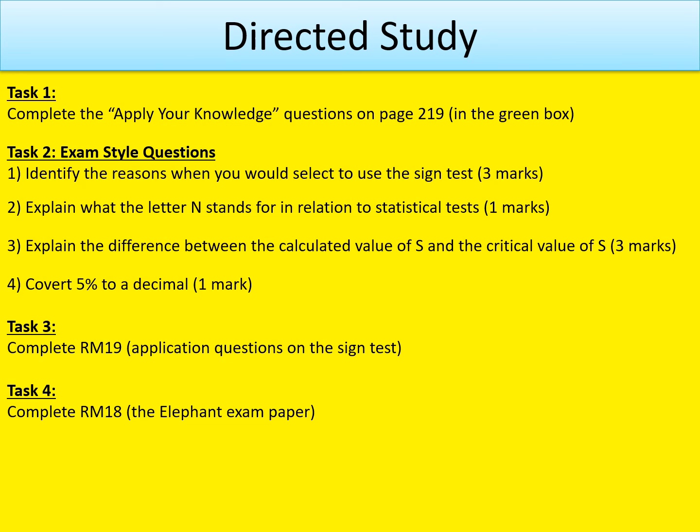So go on MS Teams, look under the Files tab, go to Specimen past papers, and then click on the folder that says unofficial past papers for research methods AS level. The first two of those have got questions on the sign test, so you could really practice your knowledge on those. Okay, it's time to go.